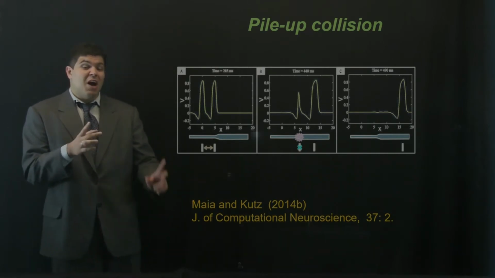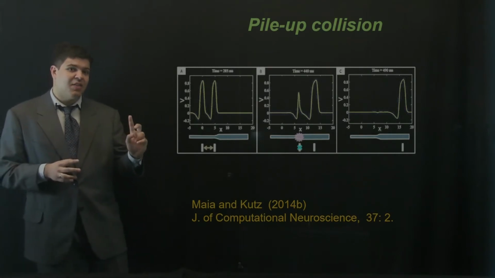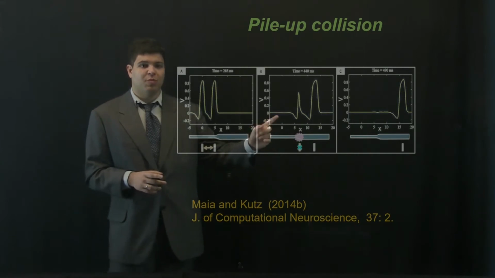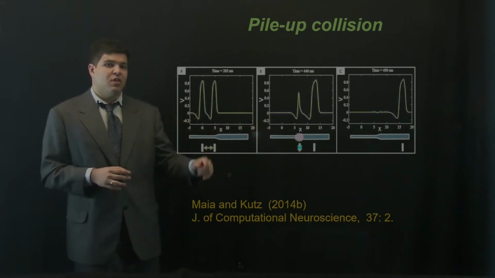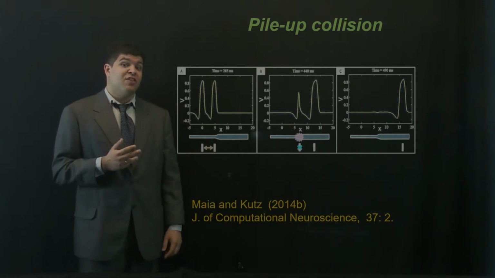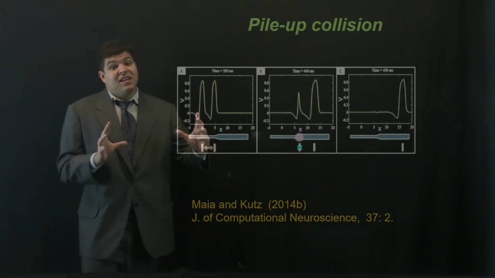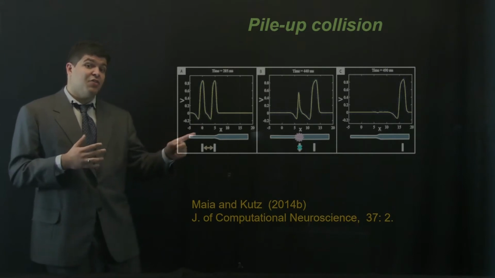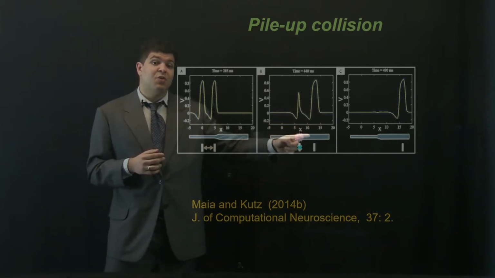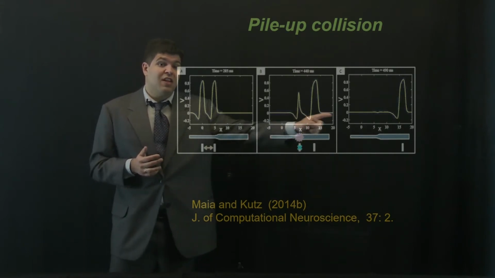But if you send a pair of spikes packed together, then look what happens. Once the first spike reaches the region where you're changing the geometry, the spike starts changing its profile, and it delays a little bit, and as a consequence, the spike right behind falls into the refractory period of the spike ahead, and as a consequence, it gets deleted.